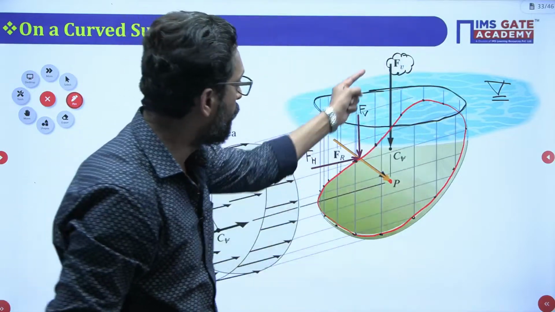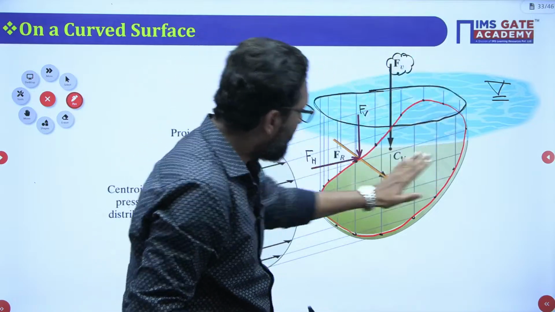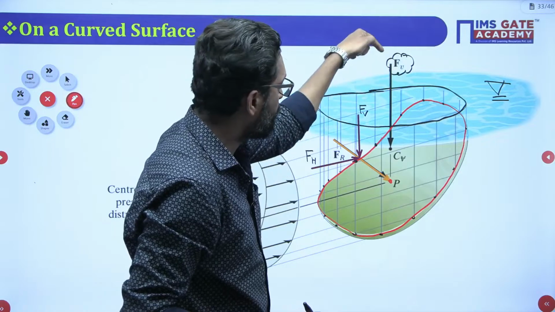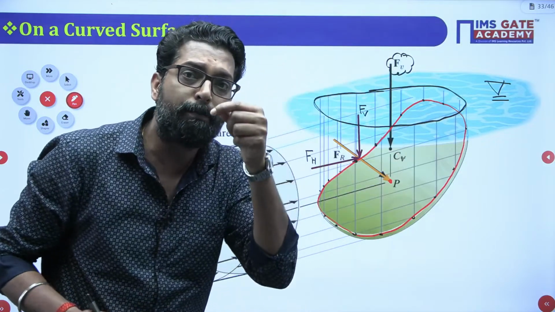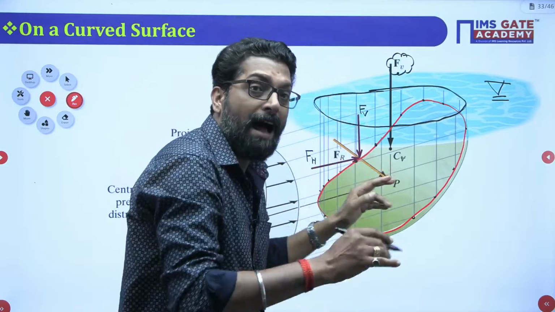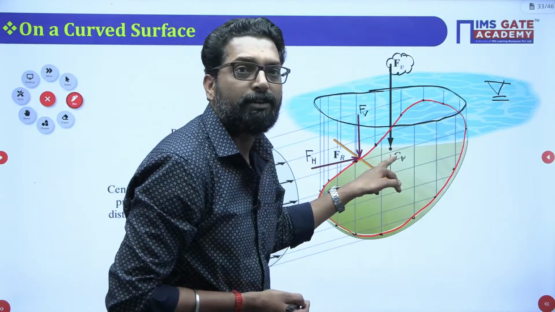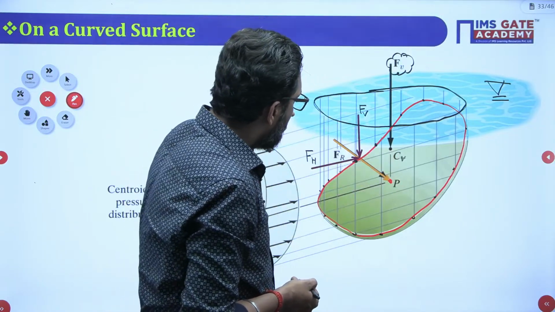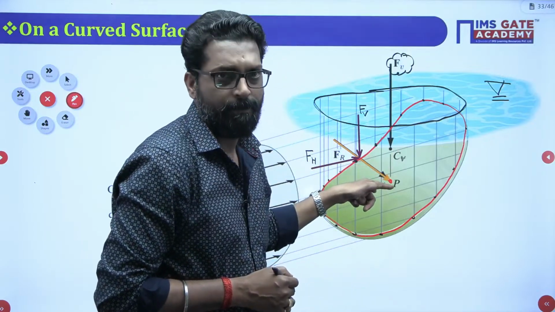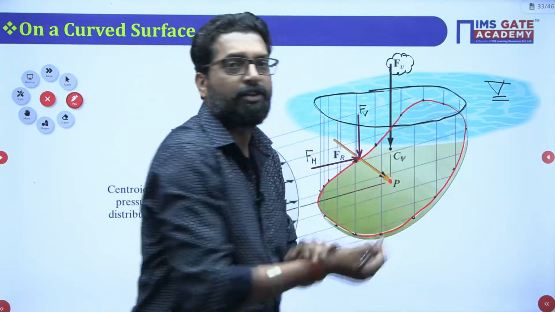This vertical force will pass at some location, some point. Where will it pass? It will pass at the centroid of this volume. See my dear, the resultant force passes through another point, the center of pressure, but the vertical force will pass through the centroid of this volume.